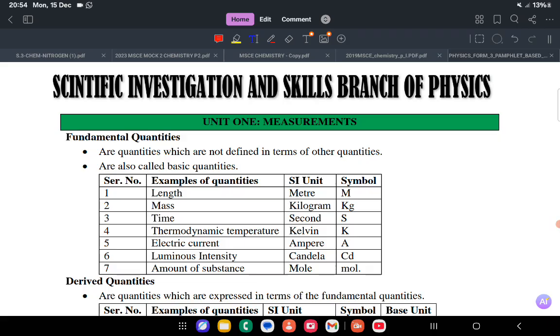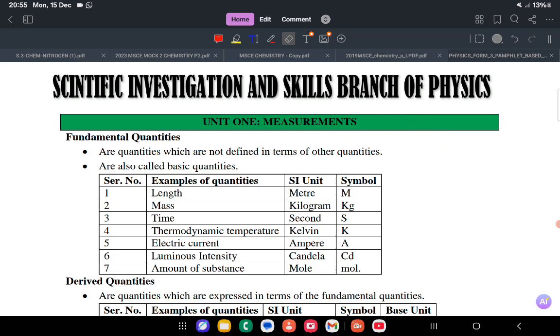We meet now for a lesson in physics, Form 3. In particular, we are meeting for a topic called measurements. It's measurement 2. You met measurement 1 in Form 1, I think.